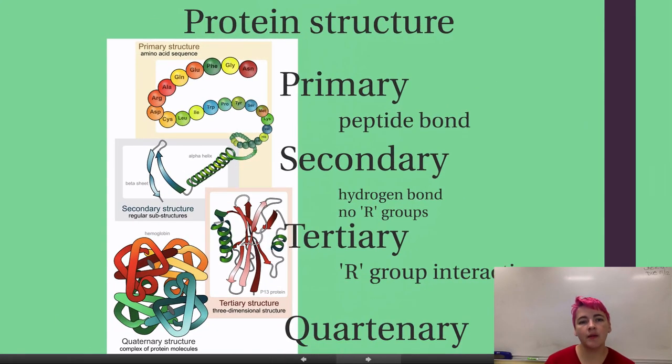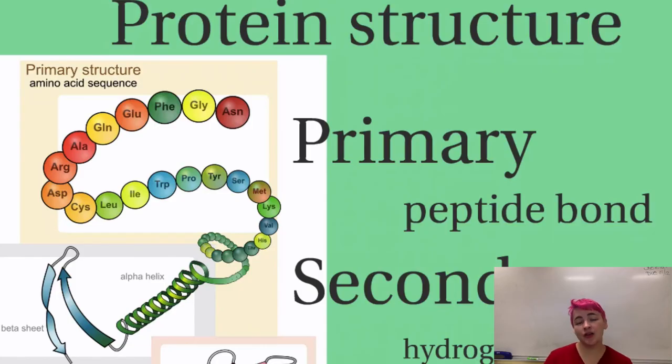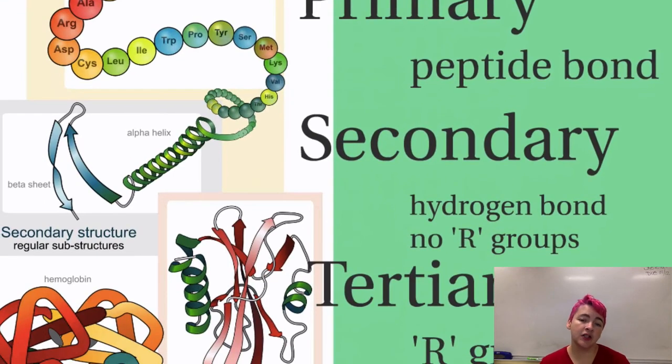There's a common way that amino acids will come together to form a protein. The primary structure is simply a chain of amino acids coming together. This is linked together by peptide bonds. With the reaction of the carbon-nitrogen peptide bonds, the way that they interact with each other will form the secondary structure.